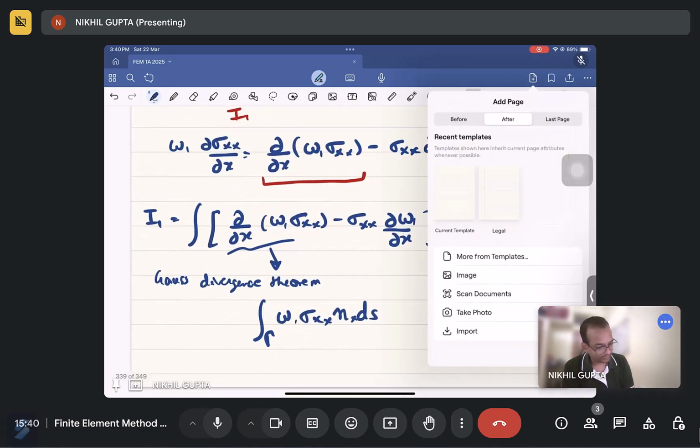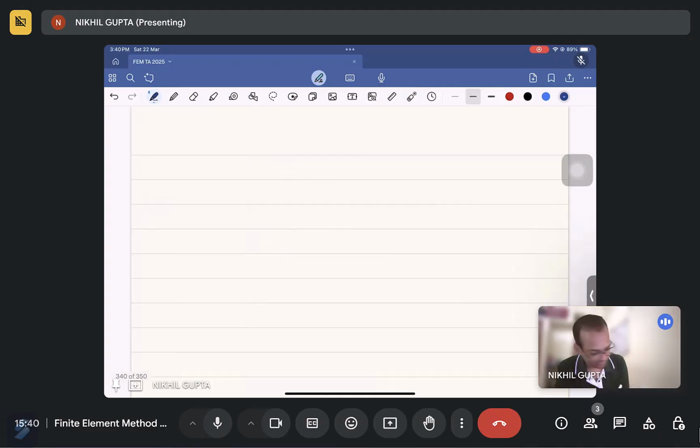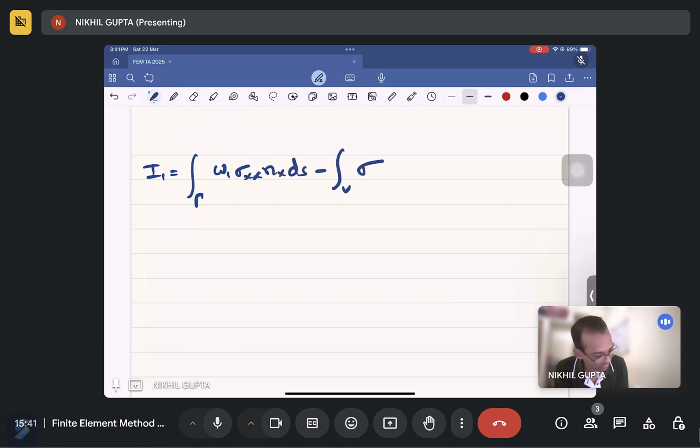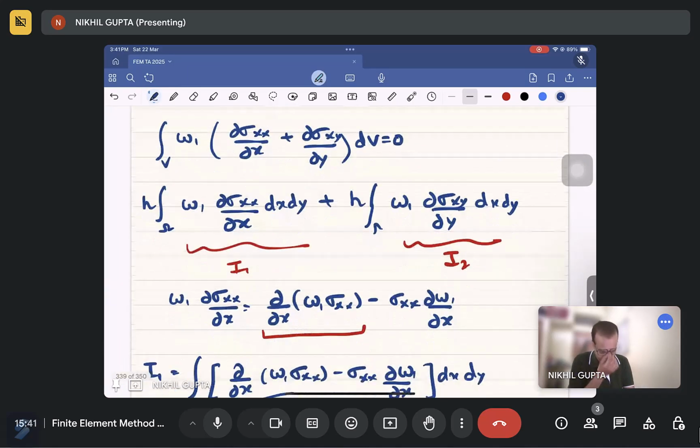Now we can write the full I1 as the surface integral of W1 sigma xx nx ds minus the volume integral of sigma xx del W1 by del x dx dy. So these are all the terms which were coming already here.